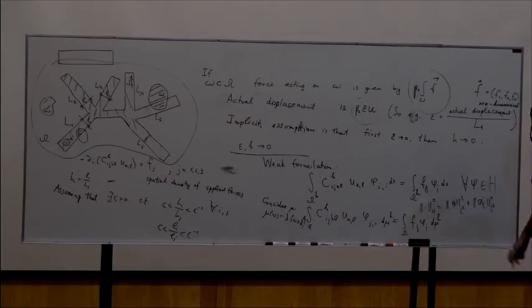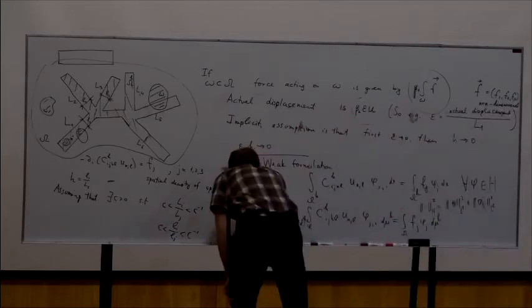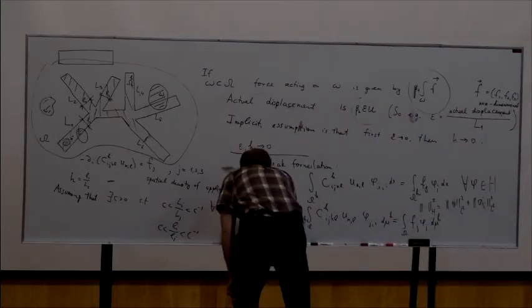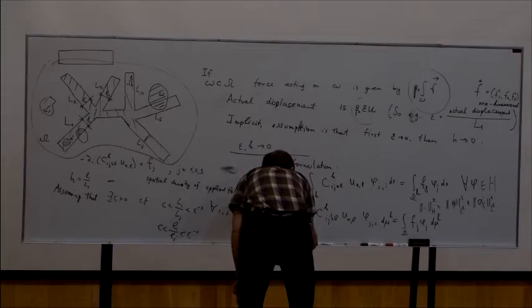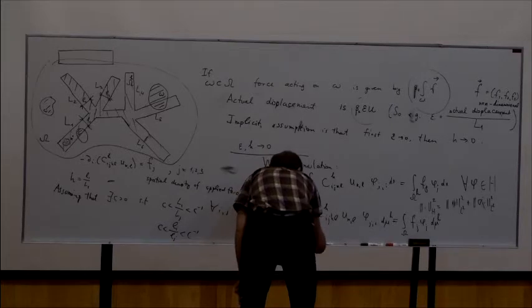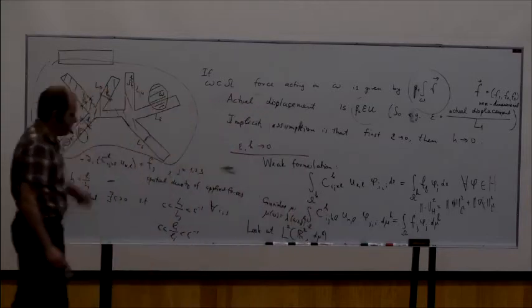Now it's a sequence of measures that depend on h. So now you look at the L2 spaces, let's say L2 in R2 in this case, with respect to this measure mu h that is describing the structure.